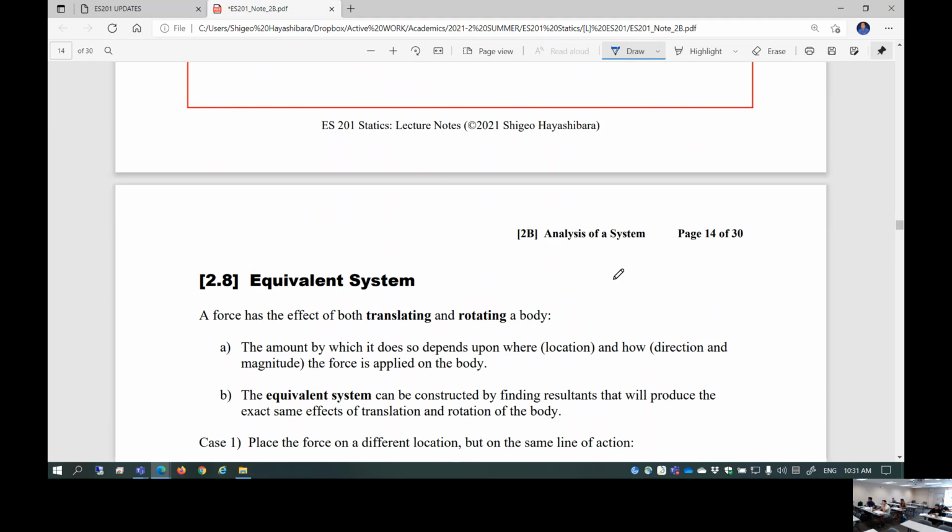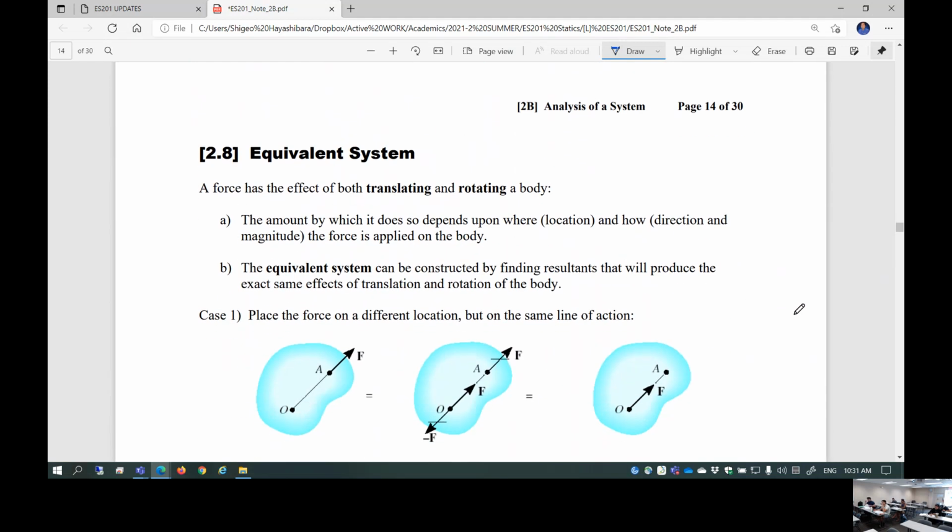All right. Next page, let's take a look at the equivalent system. This is super important, like I said. You're going to construct an equivalent system, which is essentially a body under a certain force and moment. The resultant is computed and then replaced with the original applied force and moment, and then you can call it equivalent.